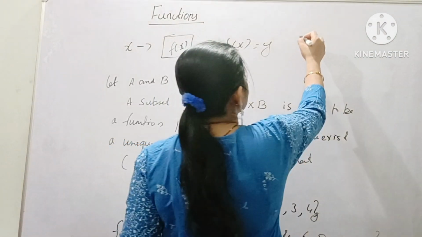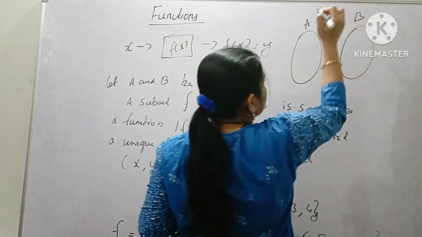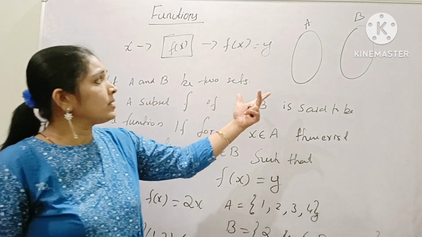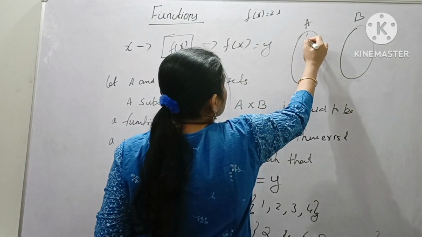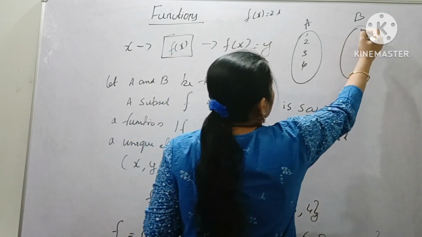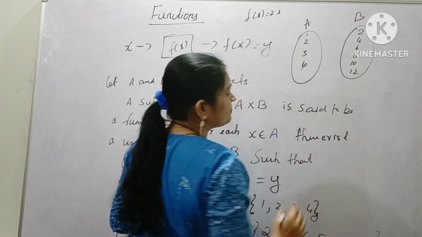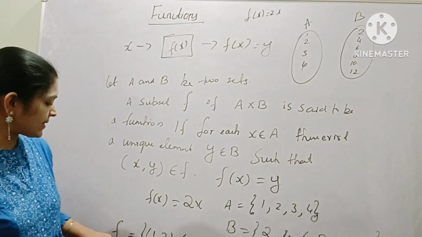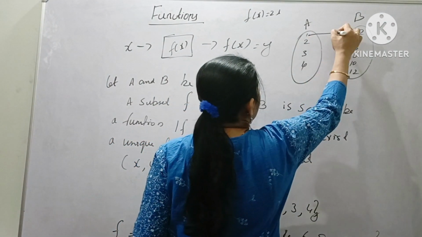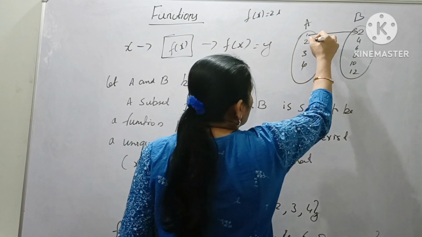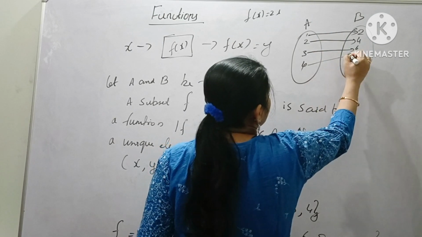In the diagram, we have two sets A and B, and the function is f of x is equal to 2x. Here A is 1, 2, 3, 4 and B is 2, 4, 6, 8, 10, 12. When x is 1, f of x is 2. When x is 2, f of x is 4. When x is 3, f of x is 6. When x is 4, f of x is 8.